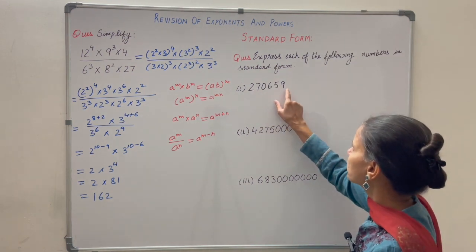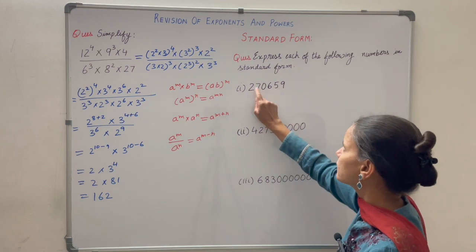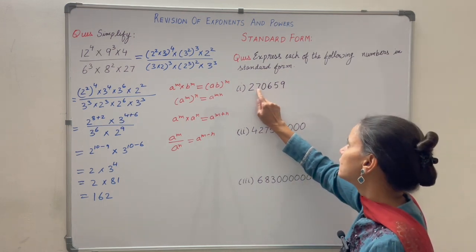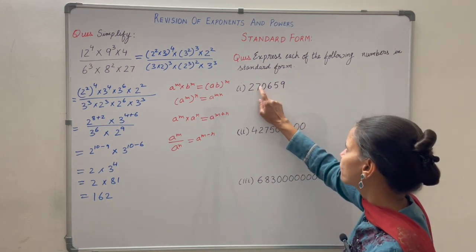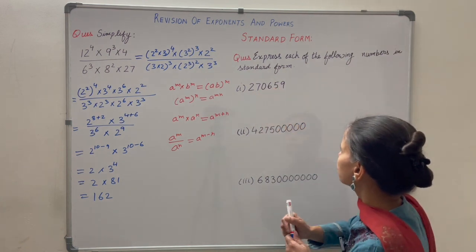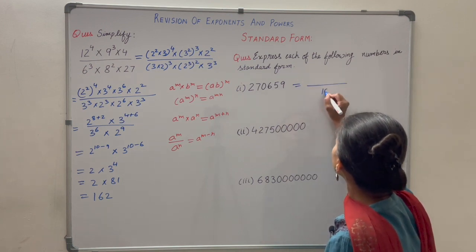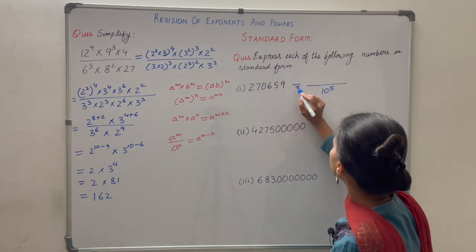So for this number, the decimal point is here. For this number to be between 1 and 10, the decimal point should be here. So the decimal point should move here. By how much digits? 1, 2, 3, 4, 5. That means you have to divide this number by 10 raised to the power 5.